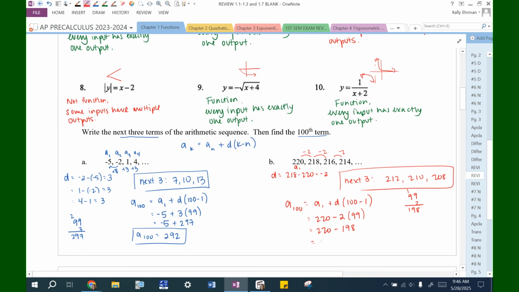Oh, we get all the way down to 2. No, we don't. Wow. That'd be 200 minus 198. 220 minus 198. I'm getting ahead of myself here, so do all my fun math. That is 22.